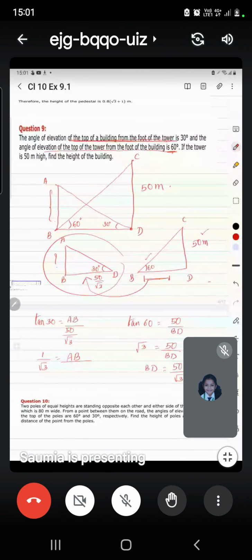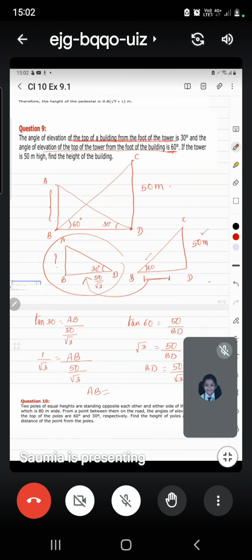When you cross multiply, what will you get AB as? Tell me the value of AB from this now. 50 by 3. Yes, 50 by 3.